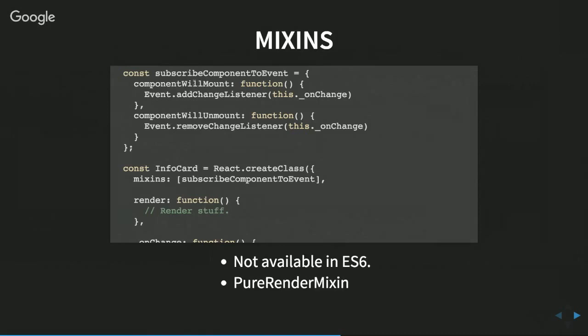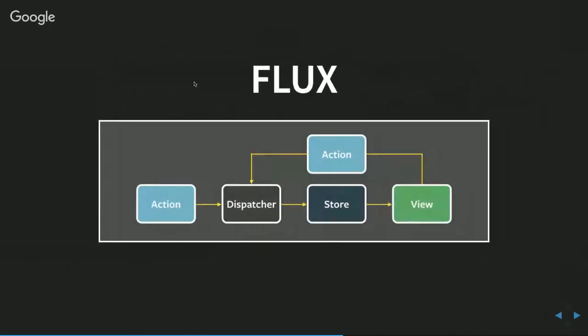It's checking the references on every single object. So if you have nested objects that you're passing in props and using pure render mixin, you might get false negatives, in that it won't render even though new props showed up. To address that, we would use something like Immutable, which we'll talk about after Flux.